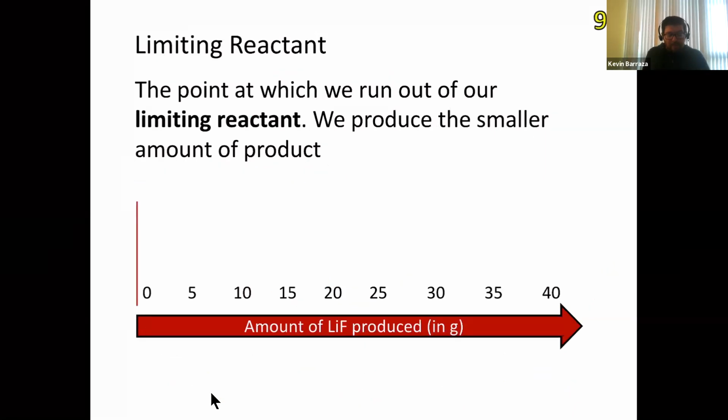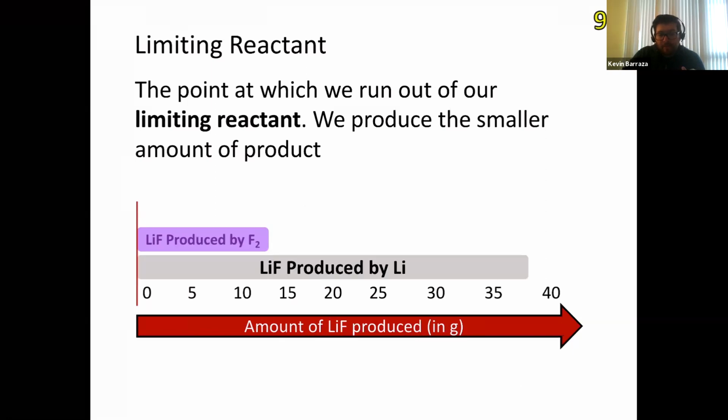And then just to show it, again, the number line idea, we have a number line that represents the amount of lithium fluoride that I'm going to make. So if I used up all of my F2, I would make 13.7. If I used up all of my lithium, it would be 37 point something, 4. Again, the idea is that if I imagine myself moving along this number line, I'm making more and more product.